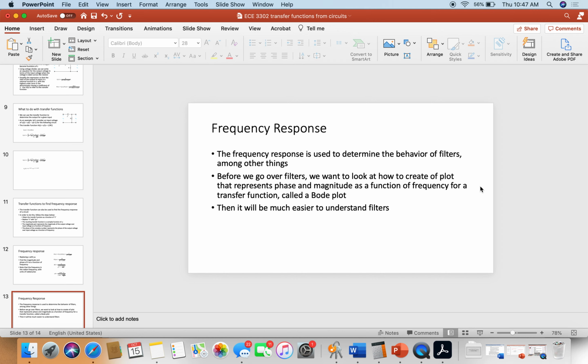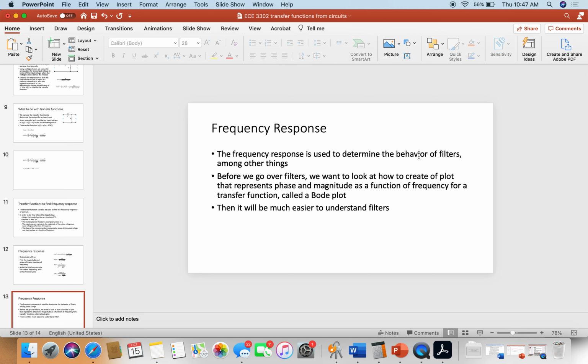So I've been back and forth even this semester about whether to do Bode plots first or filters first. I'm going to fall back on what I typically do, and we're going to work with some very simple first and second order filters built from passive components first, and then we will introduce the concept of the Bode plot and how to use it to represent transfer functions.